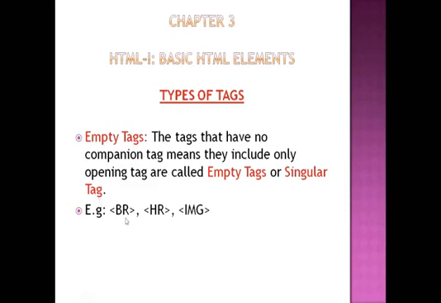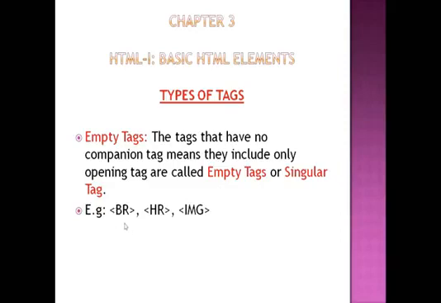Now here are some examples. BR stands for break, that is line break. We'll learn the use of this tag further. So these are some examples of empty tags. The BR tag does not have any ending tag. HR tag, IMG tag. These are a few examples of empty tags or singular tags which do not have any ending tag.